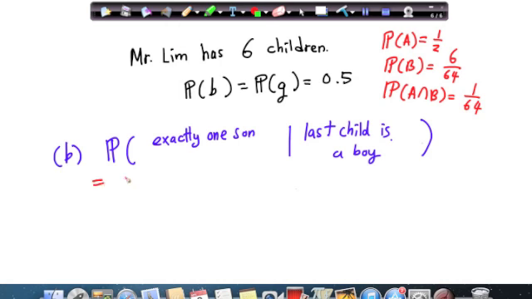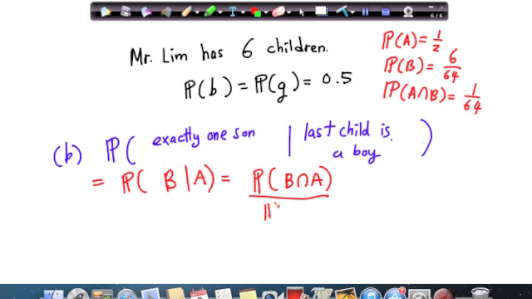Well, in this case, the conditional probability is B given A. So as before, by definition, this is the probability of the intersection of B and A divided by the probability of A. Well, using the values we have previously, this is 1 over 64 divided by half, which is equal to 2 over 64, that is 1 over 32.